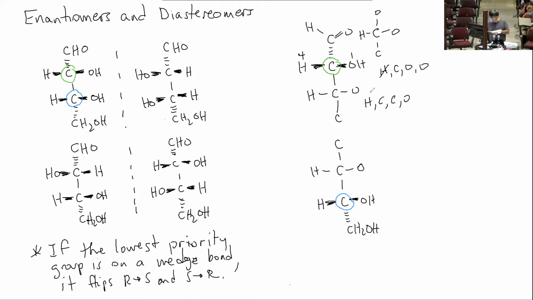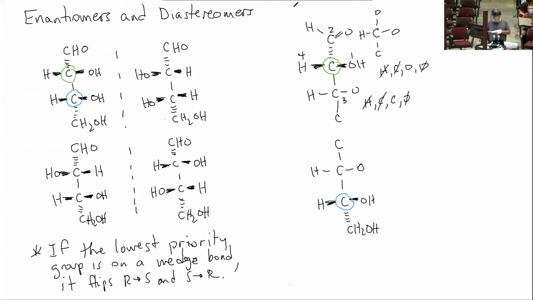Well, we're not going to do it with the 2 H's, that's a tie. We're not going to do it with those 2 oxygens, that's a tie. These 2 carbons are a tie. And we're left with an oxygen versus a carbon, and the oxygen on this top carbon wins, right? Oxygen's element 8, carbon's element 6. So that means this carbon is 2nd priority, and that carbon is 3rd priority.